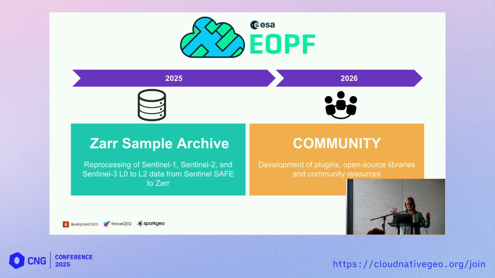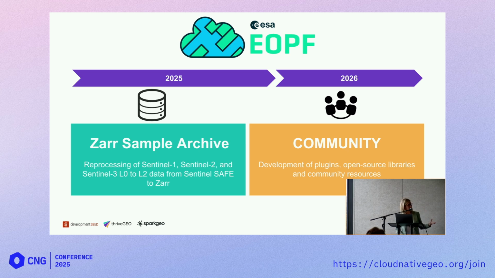And it has two main components. The one is to reprocess the data into a Zarr sample archive. The aim is to reprocess Sentinel-1, Sentinel-2, and Sentinel-3 data from level 0 to level 2 into the Zarr format.